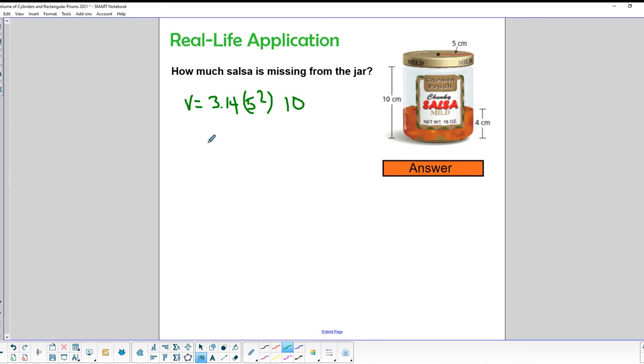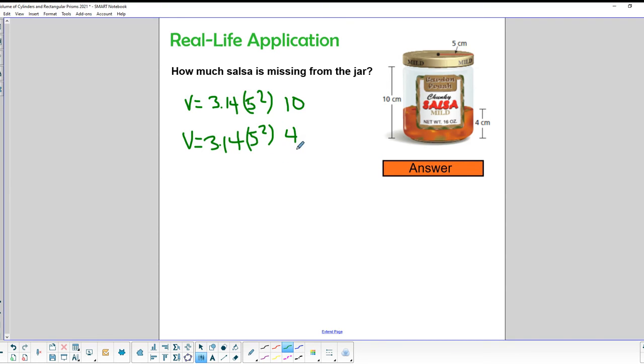Okay, and then we're going to subtract from that what's left in the jar, so that's 3.14 times 5 squared times 4, sorry, the radius squared times 4. So we're going to subtract those two amounts, and that will give us how much salsa is missing from the jar. It didn't ask how much is left in the jar, it asked how much is missing.